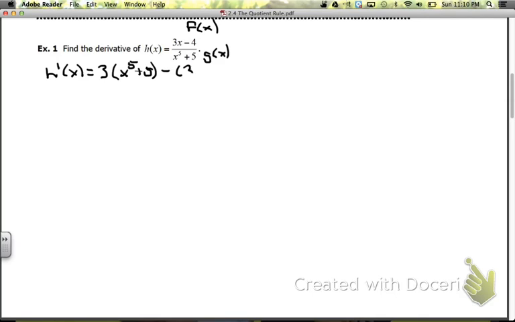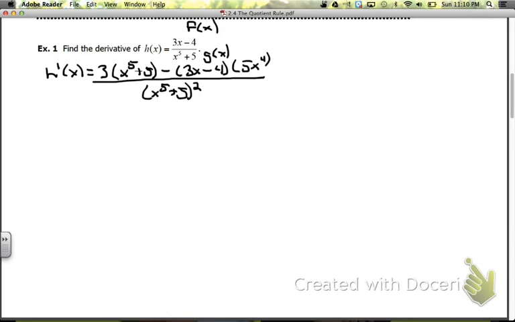minus our f of x, 3x minus 4, times our derivative of g of x, or g prime of x, which is just 5x to the power of 4, all over our g of x squared, so x to the power of 5 plus 5, all squared.